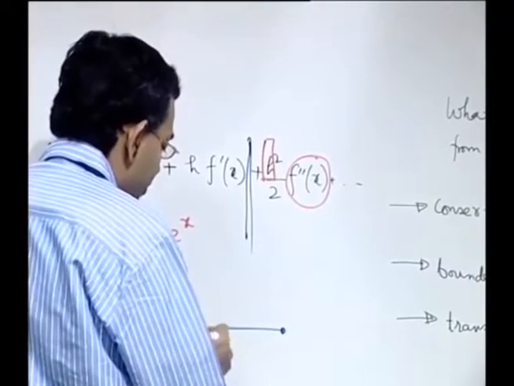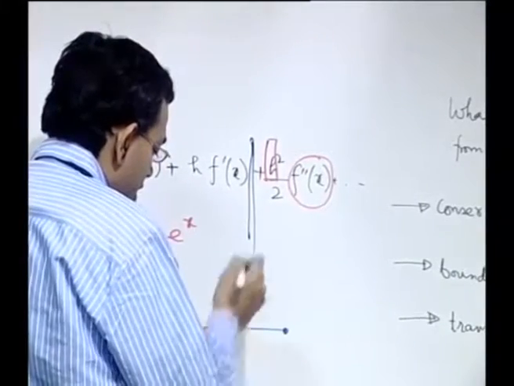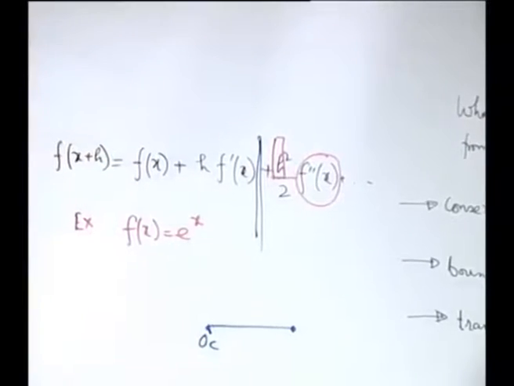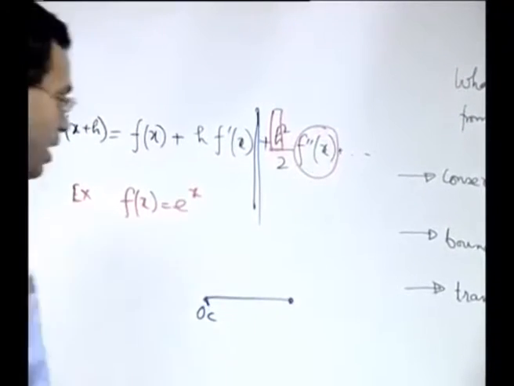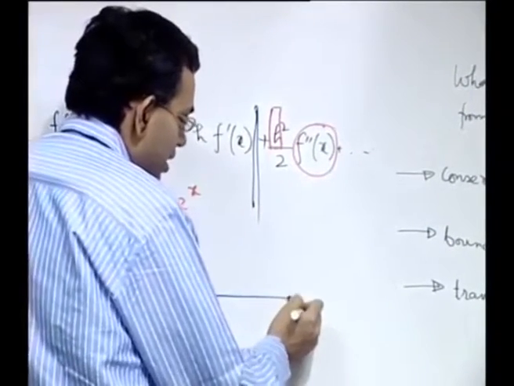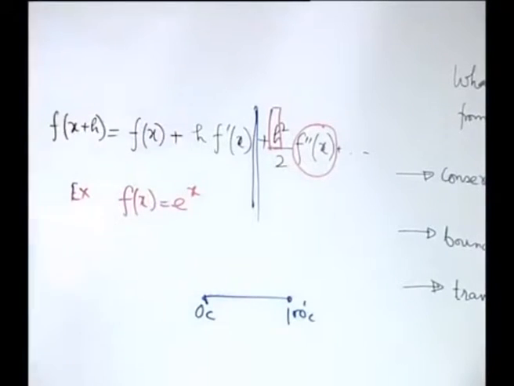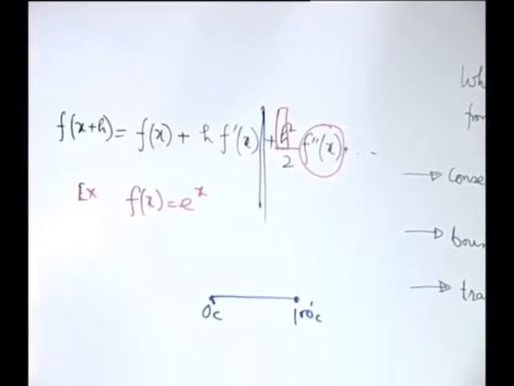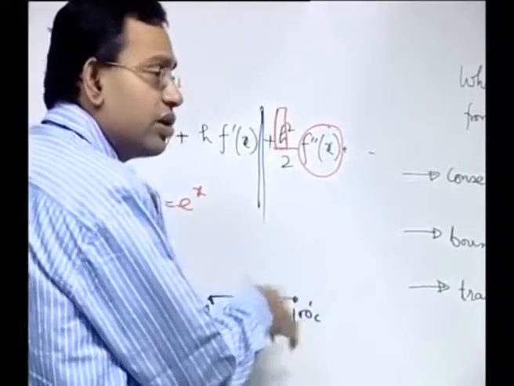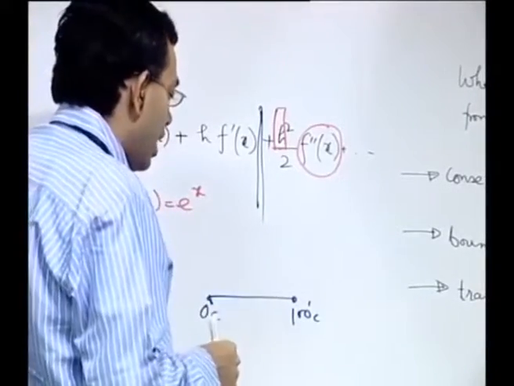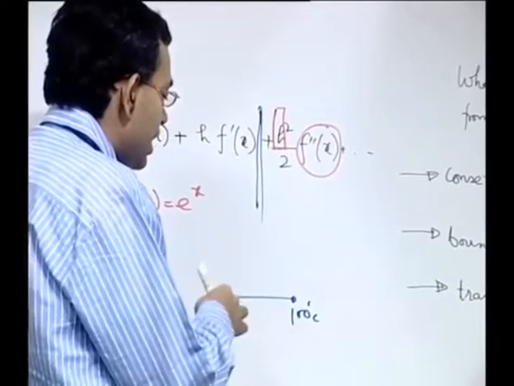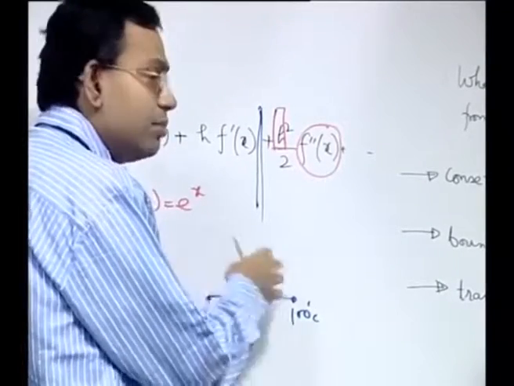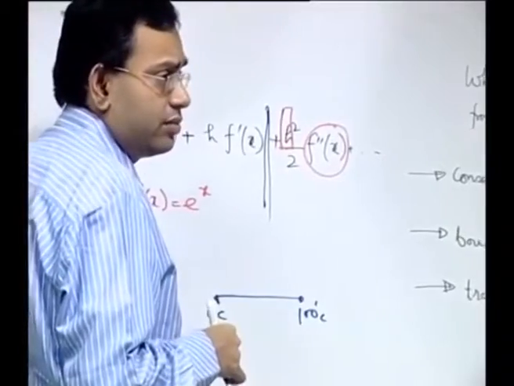Let us say that the left end is in touch with ice at 0 degree centigrade and the right end is in touch with steam at 100 degree centigrade. And let us say there is no heat source or heat sink, and let us say that we are interested about the temperature distribution in this rod.